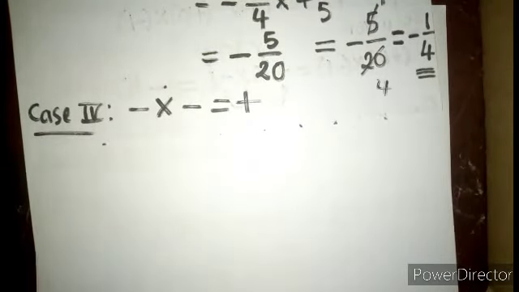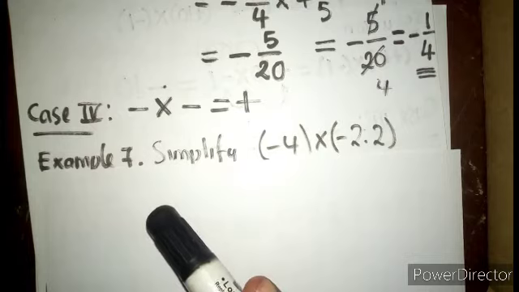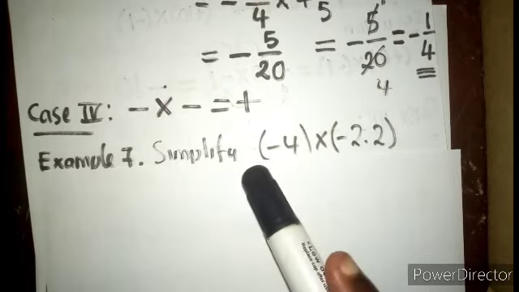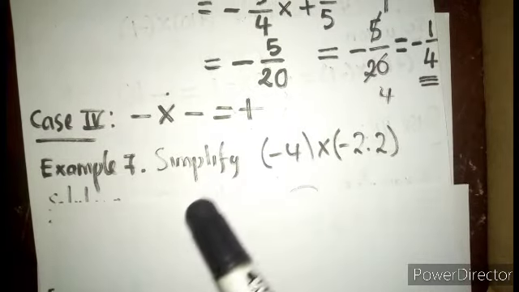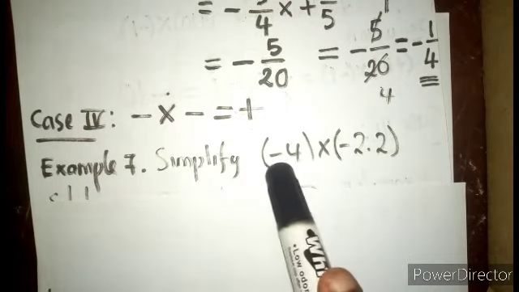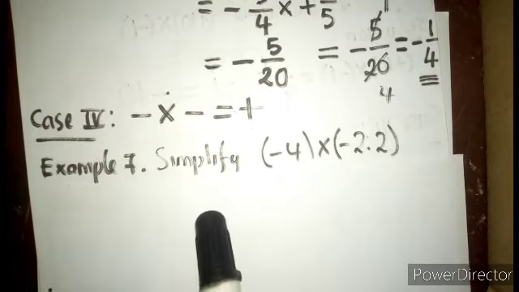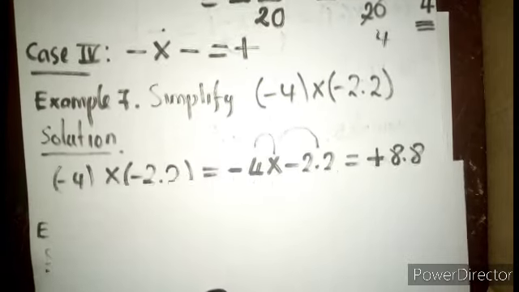Now this takes us to case 4, where we look at the product of two negative signs, which is positive. If you're asked to simplify minus 4 times minus 2.2, how do we attack that?